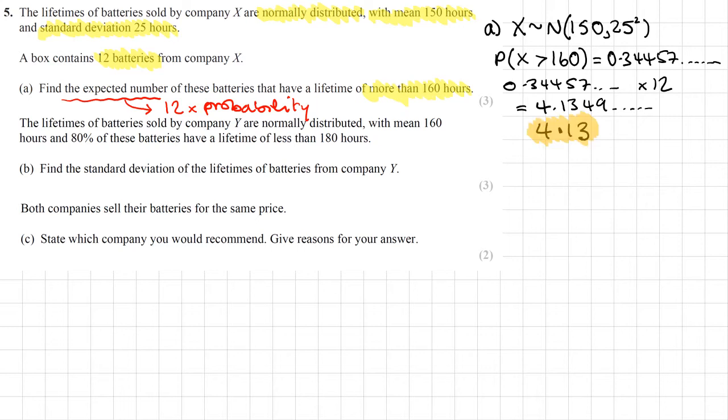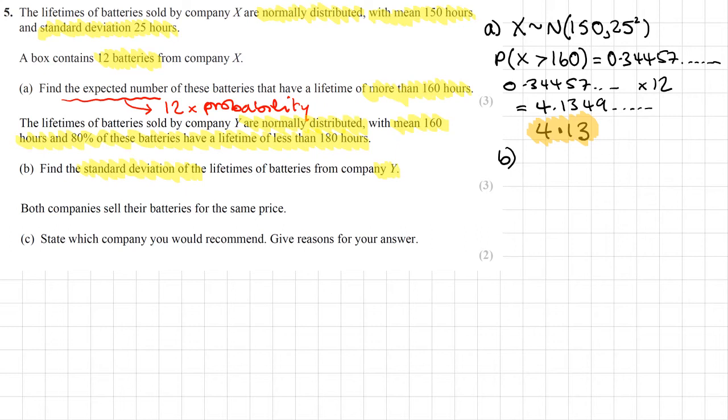Part B. Right, the lifetimes of batteries sold by Company Y are also normally distributed. They have a mean of 160, and 80% of these batteries have a lifetime less than 180 hours. What we want to do is to find the standard deviation of the lifetime of these batteries from Company Y. Because we're trying to find the standard deviation, it does need to be standardized.